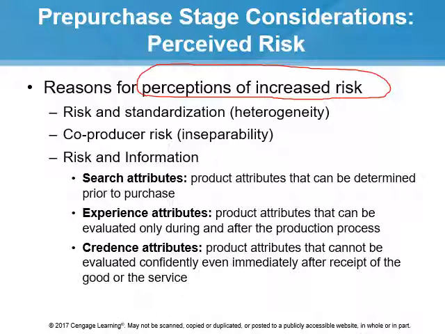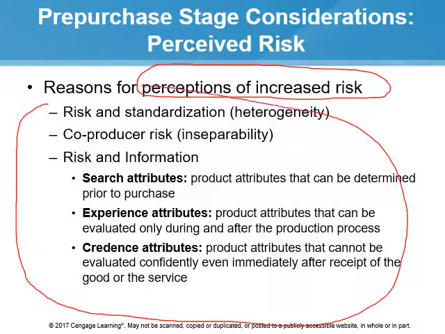It's all about you people correlating these concepts with your previous learning. Why is the perception of increased risk a more relevant factor in services as compared to goods? It is because of risk and standardization, because of heterogeneity, because of inseparability, and because of risk and information.